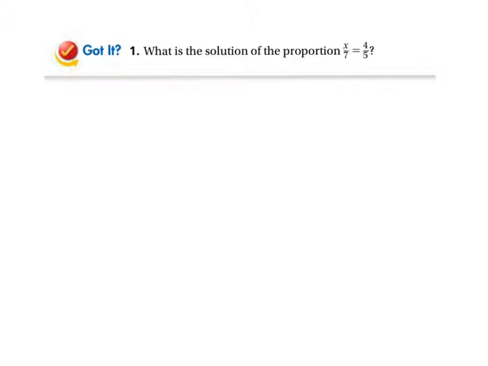For the guided practice 1, they're asking us what the solution for this equation is. If I'm trying to find a pattern here, I don't find a real nice, easy pattern going from 5 to 7 or from 5 to 4, going towards the variable, multiplying or dividing. What we can do is just go back to what we did when we solved equations.